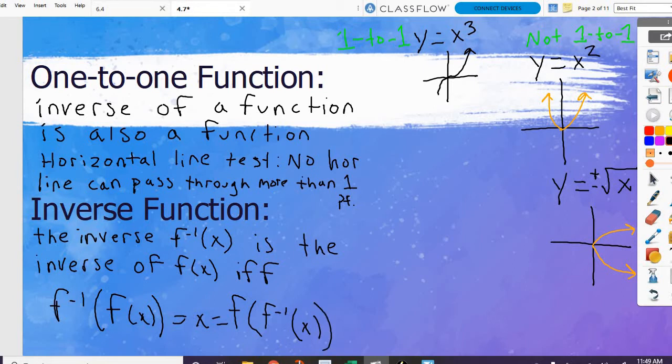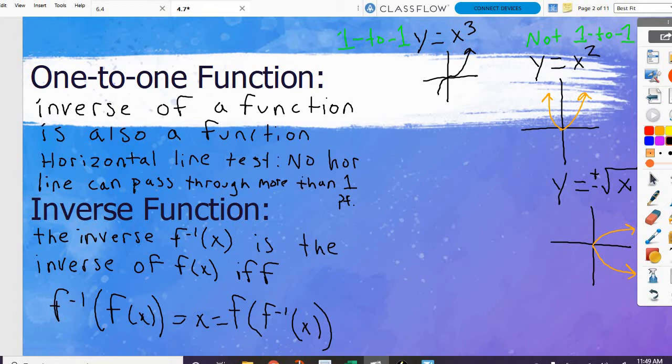So remember that because they're inverses, they undo each other, and I'm only left with x, and that has to work both ways. So I'm taking the composite, and I have to be able to take the composite either way, and they undo each other. Yes? Questions so far on that?